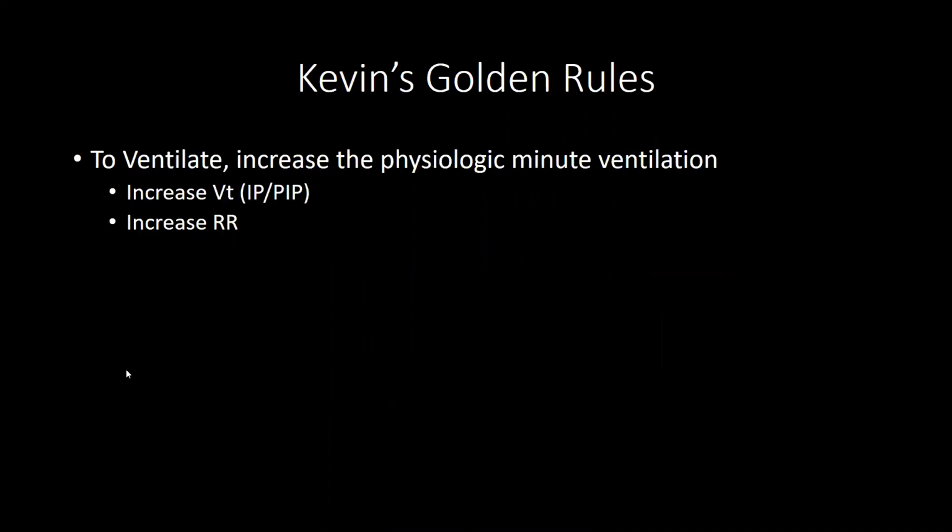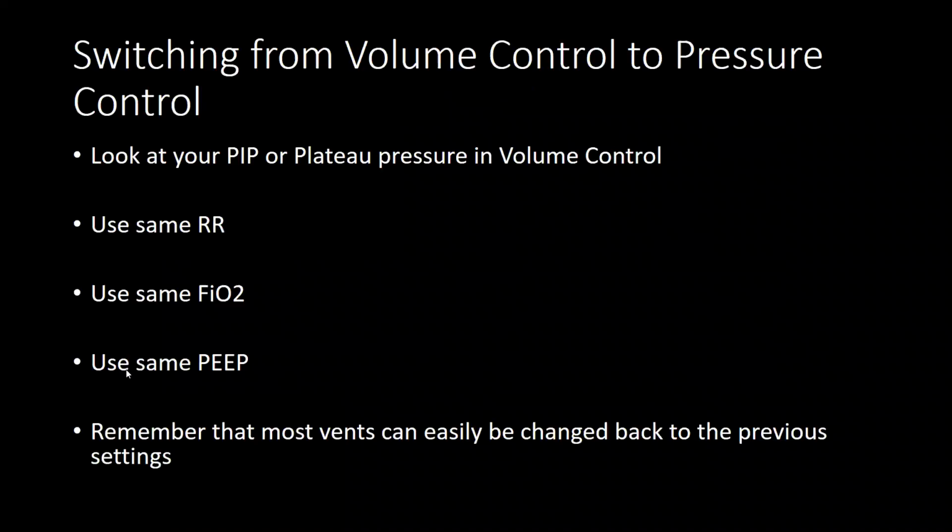When you're in volume control, you're going to have respiratory rate equals, let's say, 10. Tidal volume equals, let's say, 500. PEEP equals 5. You're going to see what the IE ratio is. You're not going to set the IE ratio.